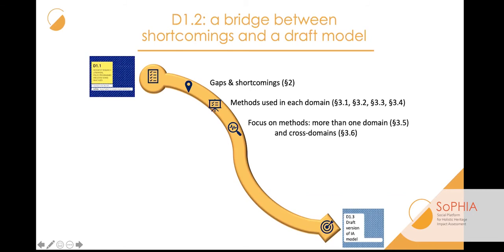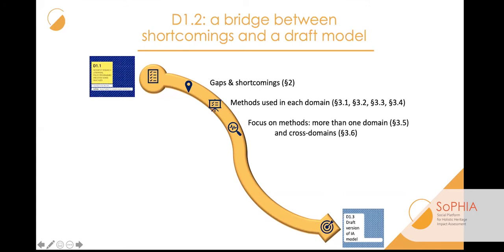Then we focused on the methods that are currently used for assessing impacts, since what we found in the literature review is that there is a wide array, a plurality, of impact assessment models. We talked about this already on the first day.